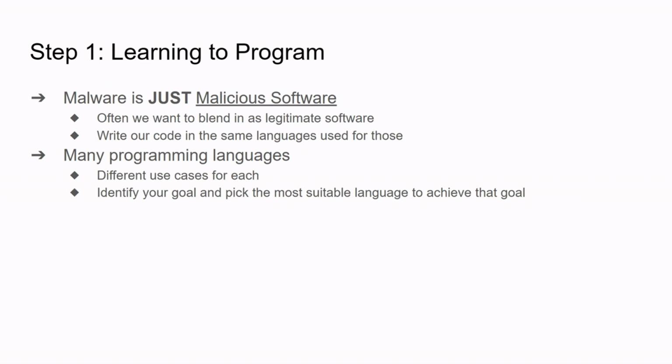There are very many programming languages, and there are different use cases for each. I'm not one to argue about which programming language is better than the other. I think the most important thing is to identify your goal and pick the most suitable language to achieve that goal.